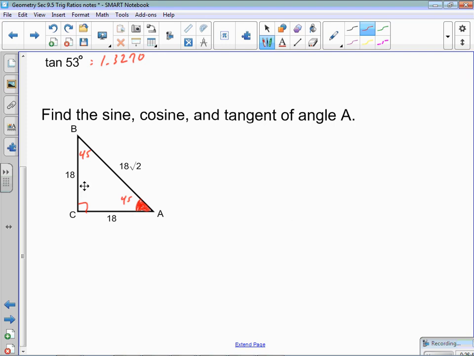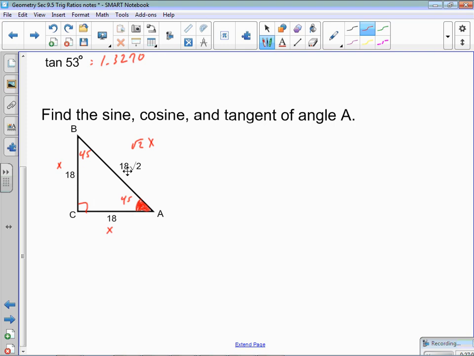Which actually fits what we learned about special right triangles, because we learned that on a 45, 45, 90, the two legs are the same, right? We put those down as x's, and the hypotenuse was the square root of 2 times the leg, right? Which you got 18, 18, two sides are the same.